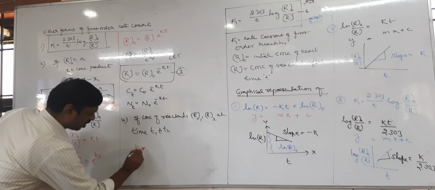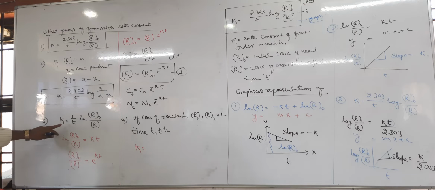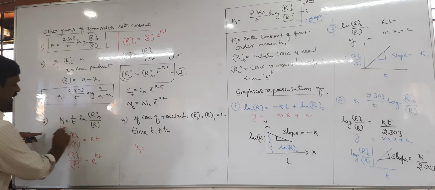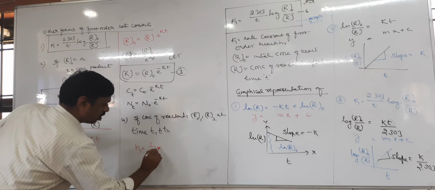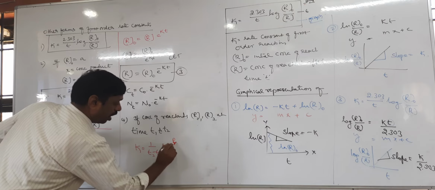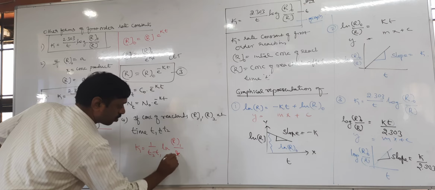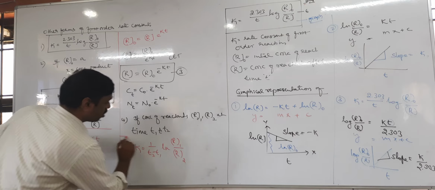So the rate constant K equals 1 by T2 minus T1 natural log R1 by R2, because the R1 concentration is more. Yes or no?